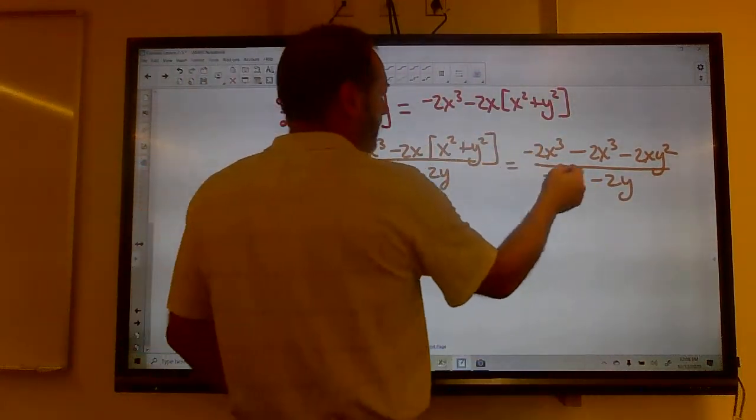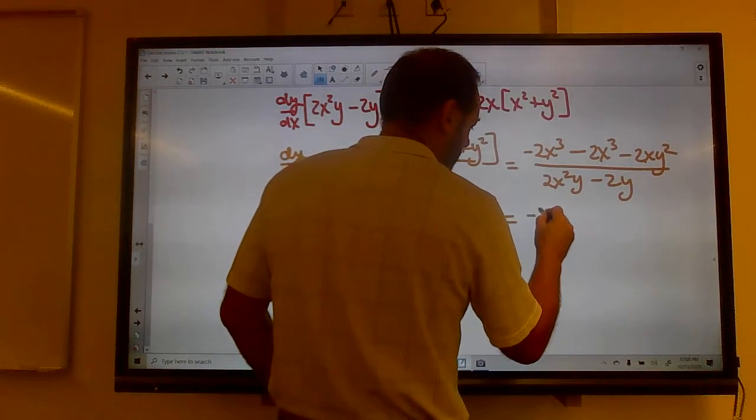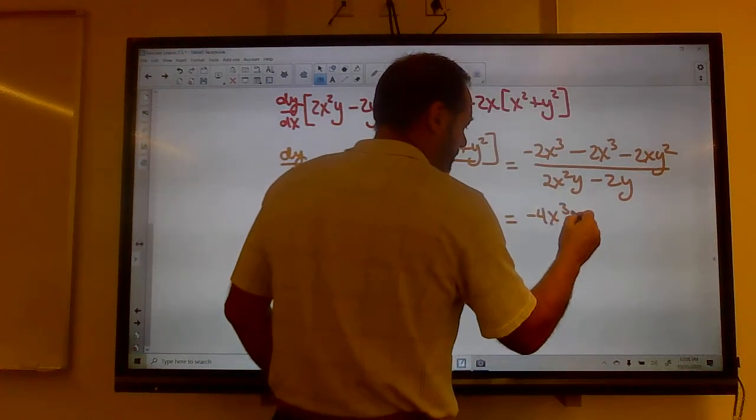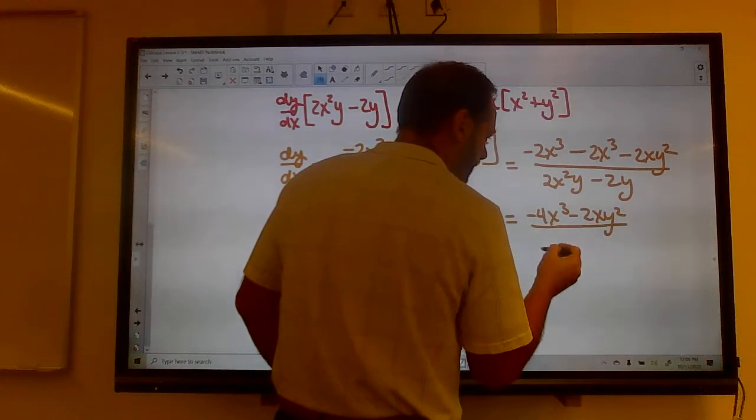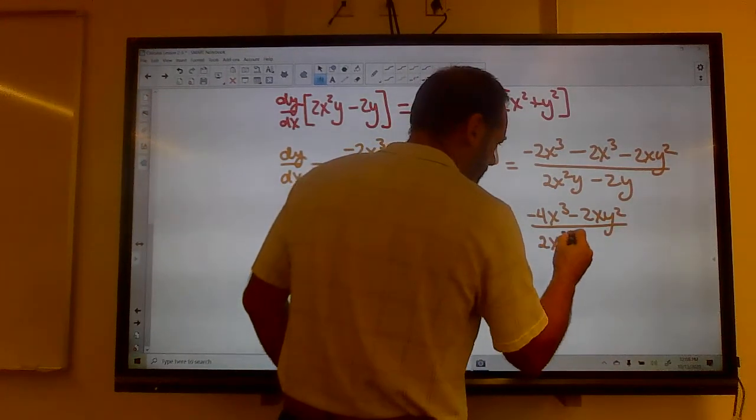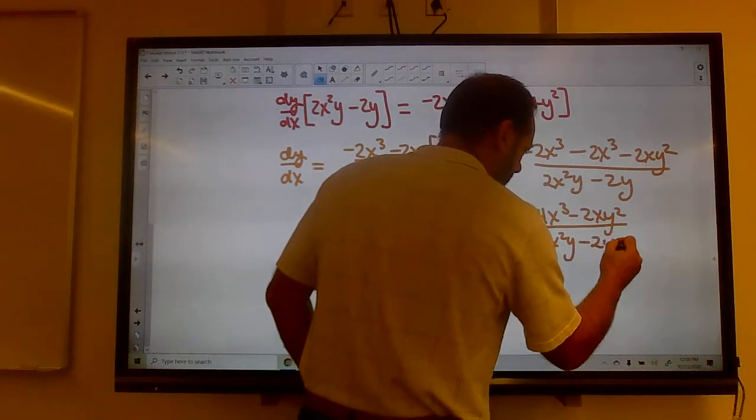And then this will combine to be negative 4x cubed minus 2xy squared all over 2x squared y minus 2y.